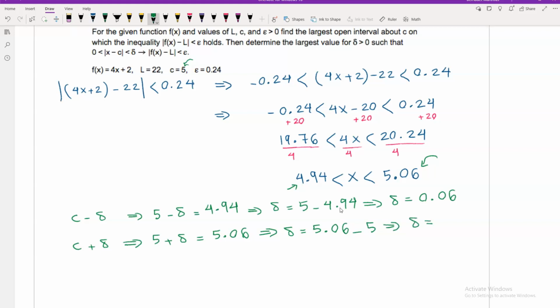So delta is 0.06. So what we did on this part, we tried to find the distance from 5 to either end point of the interval. Because of having the same number for delta, our answer for delta is 0.06.